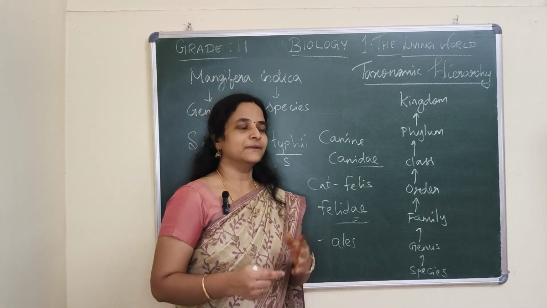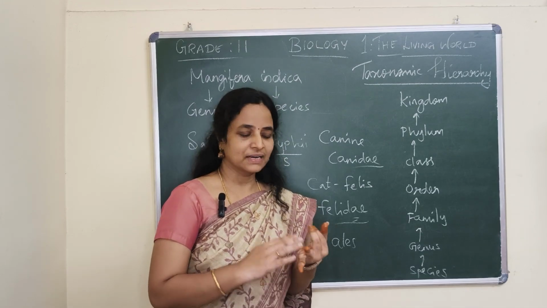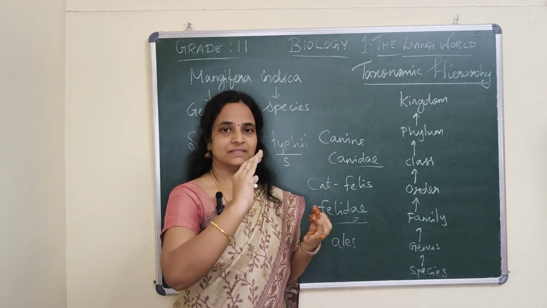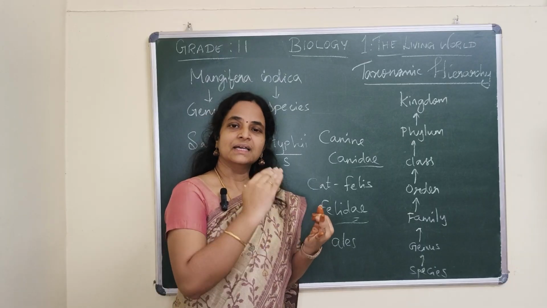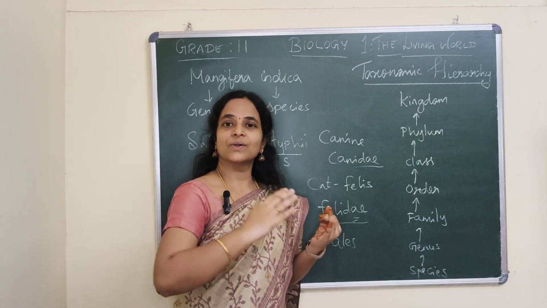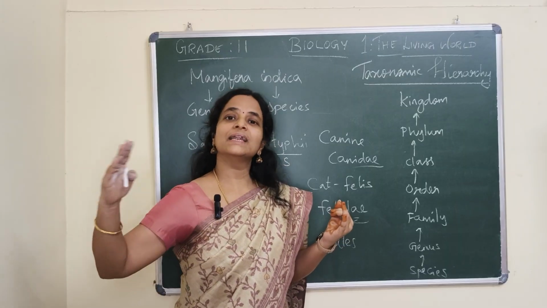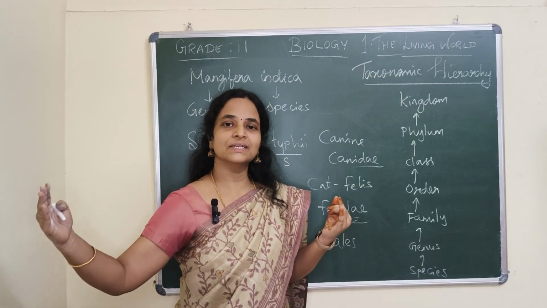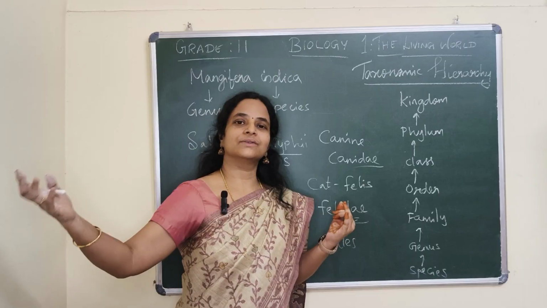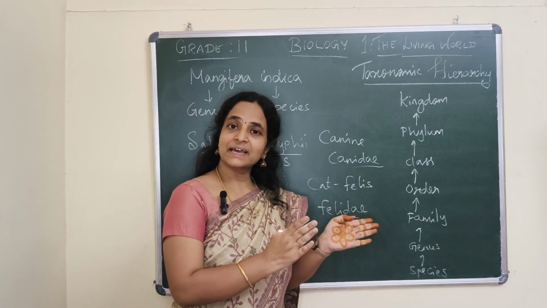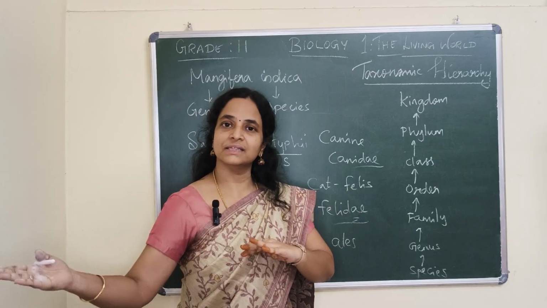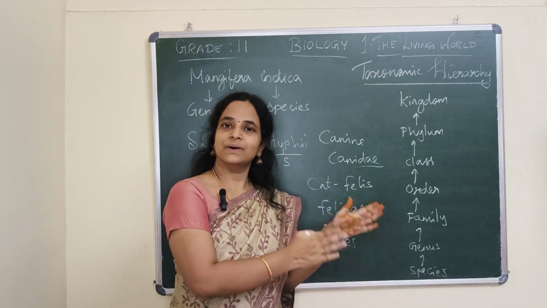Say for example, a monkey and gorilla can come under one family. That's just an example I'm telling you. It can come under one family, but this monkey and gorilla can also relate to other carnivores like dog, cat, or lion. Why? Because it shares common characters with others, though it comes under one.